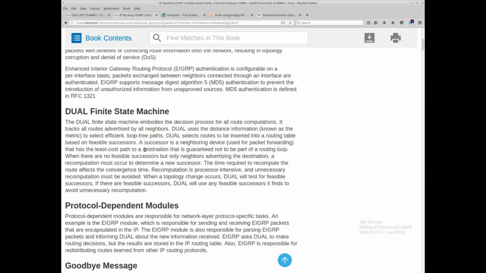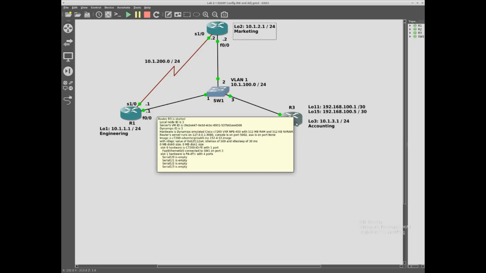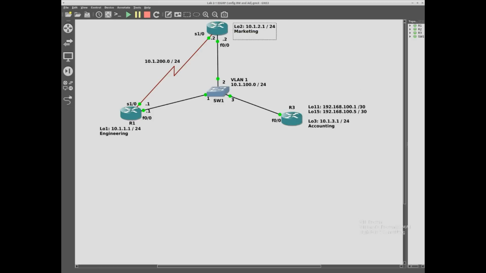The DUAL results in a computed distance, whereas the information seen on router 1 transmitted to it from router 2 or router 3 is the reported distance. So computed distance, reported distance, and then there's a feasible distance. We'll be seeing all of those.